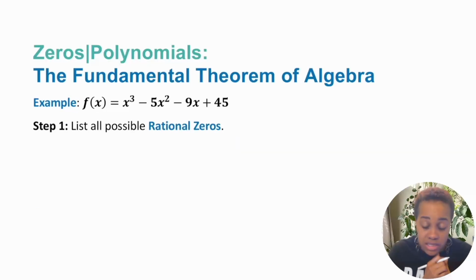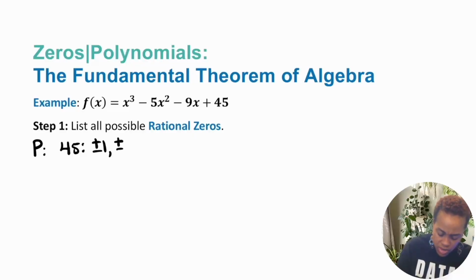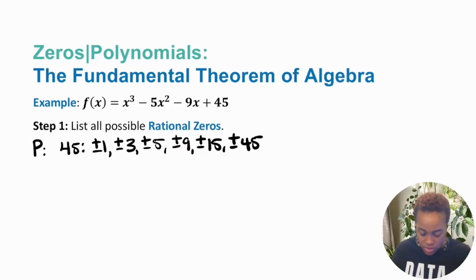All right, let's list all the possible zeros. Remember, it's the factors of 45 divided by the factors of 1. So our p are going to be the factors of 45, which is plus or minus 1, plus or minus 3, plus or minus 5, plus or minus 9, 15, and 45.